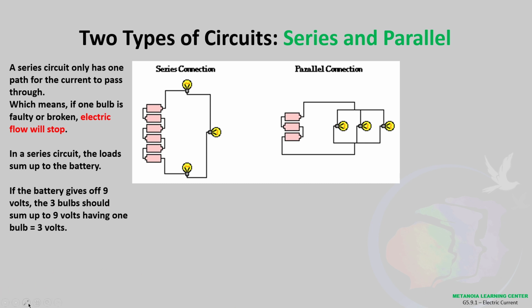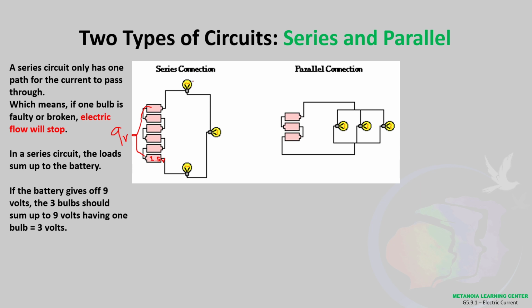So, anong ibig sabihin nun? Sige, let's try natin i-illustrate. So, let's say itong 6 batteries na to is equivalent to 9 volts. Okay? So, 9 volts yan lahat, adding everything. Let's say each, technically, parang 1.5 kada isa. Each battery gives off 1.5 volts. Because of the connection or the setup of the batteries, it now gives off a total of 9 volts.